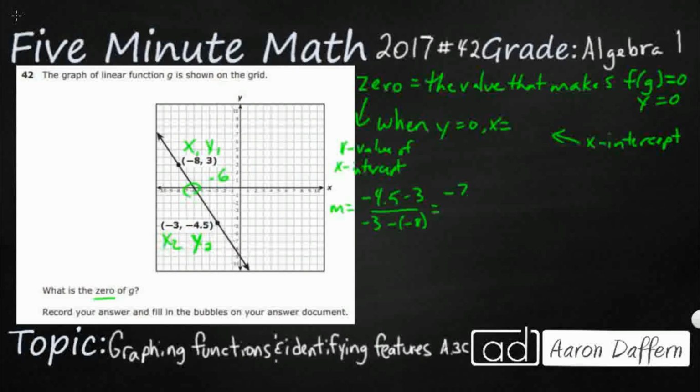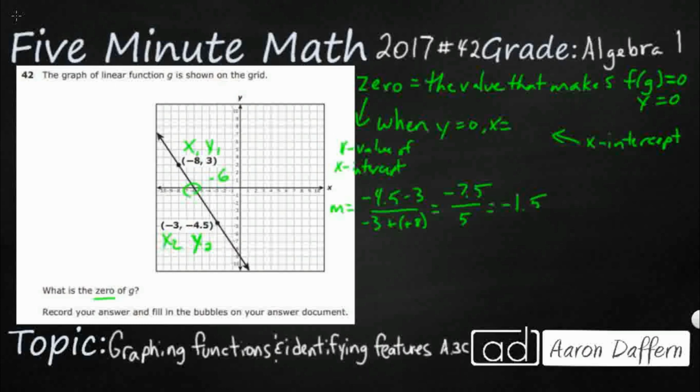So I've got -7.5 over 5. If I want to make that a decimal, I can just divide. It is going to be negative, obviously. 7.5 divided by 5 is just -1.5. All right, there's my slope.